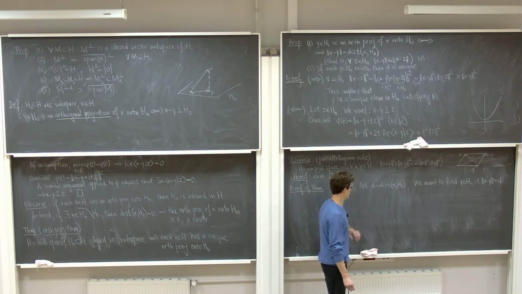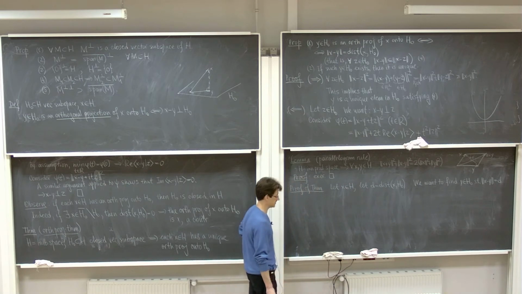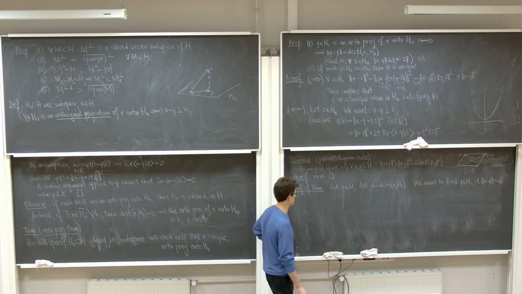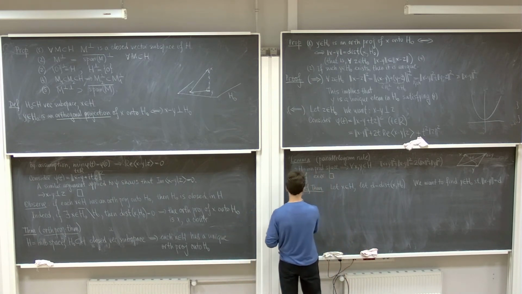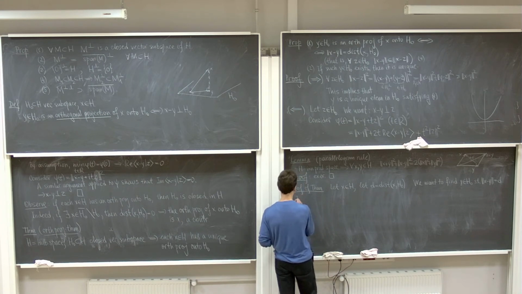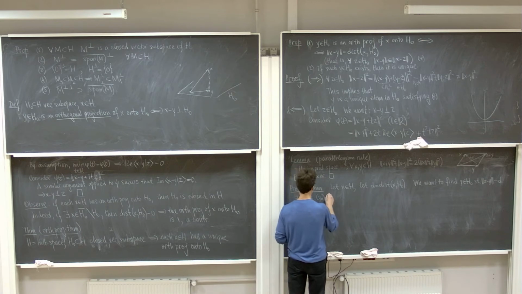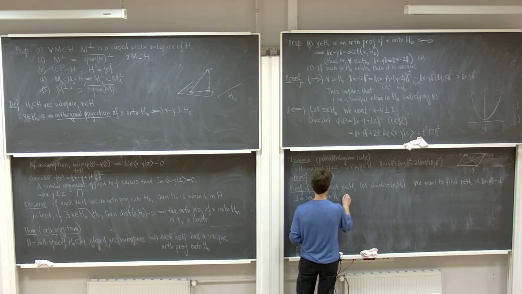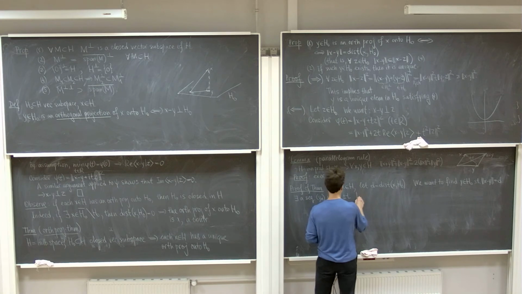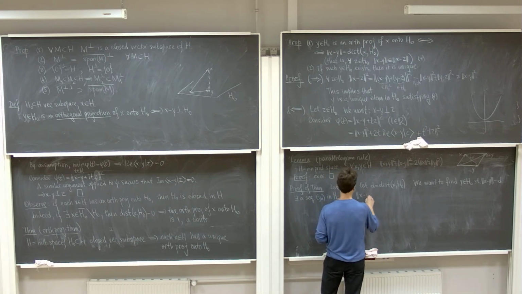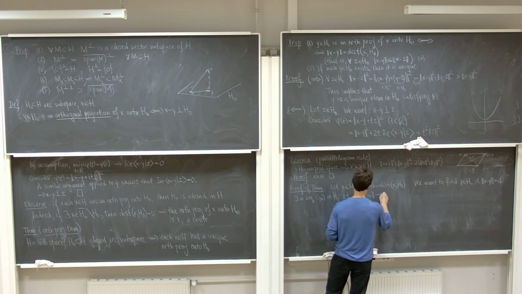So distance, by using the definition of the distance, this is the infimum of the distances, we can always find a sequence. There is a sequence yn in H0 such that the norm of x minus yn converges to d.